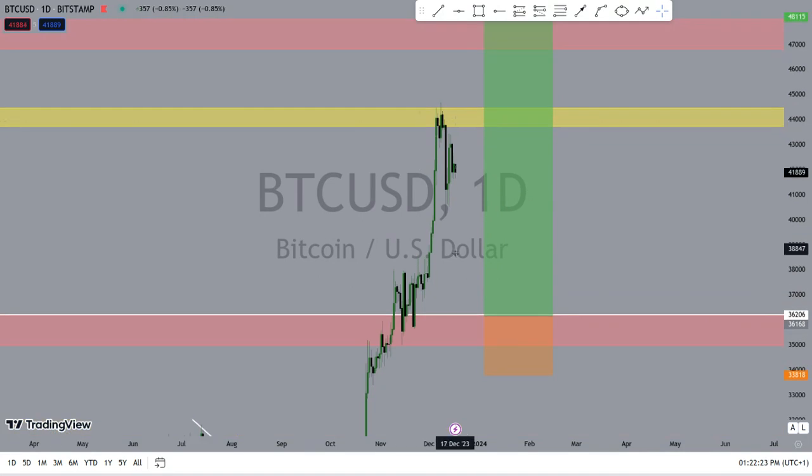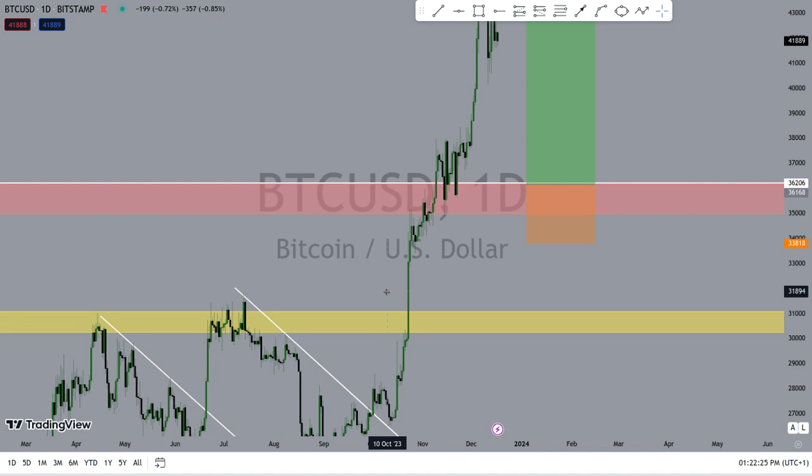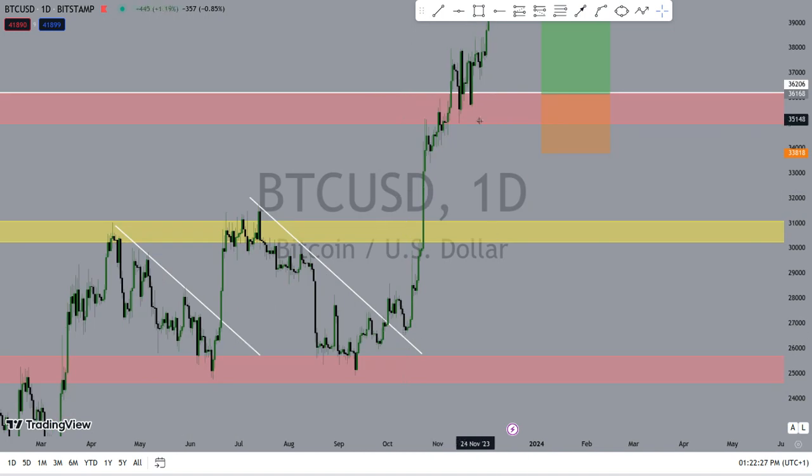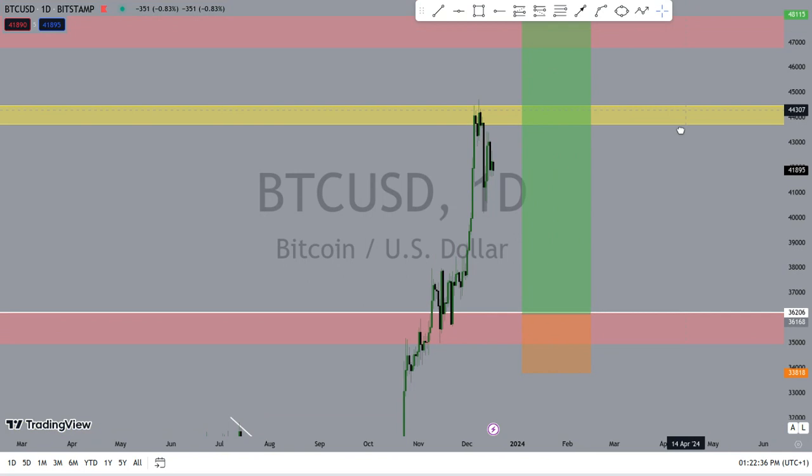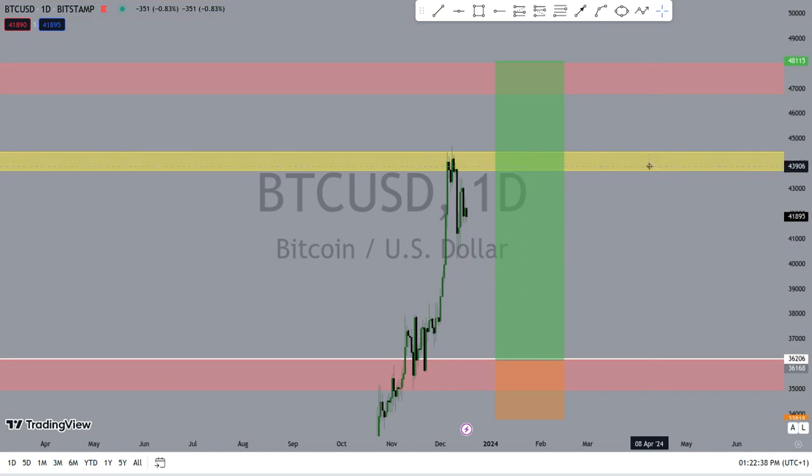This is going to give us a retracement because of the bullish run. There must be a retest, a kind of rejection, before it heads higher.